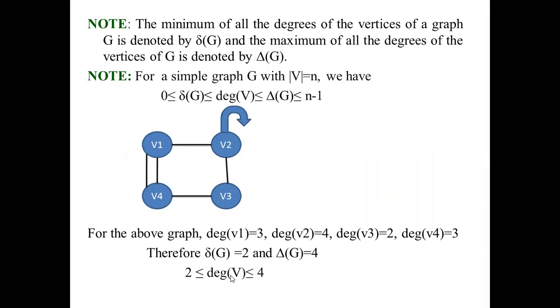So the degree of V is between 2 and 4. In every vertex you compare, the degrees are between 2 and 4 only. So 3, 4, 2, 3. That is the condition: 2 less than or equal to degree of V less than or equal to 4. Okay.